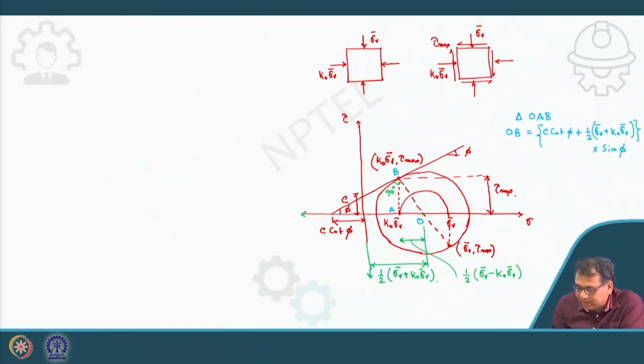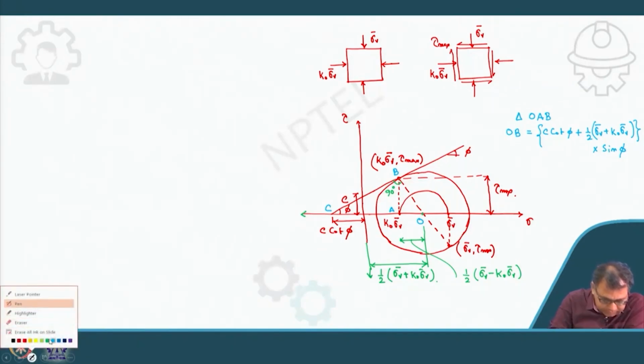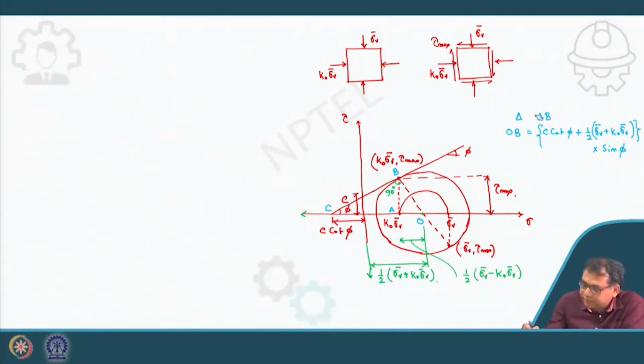So I should write this is another triangle. This is not OAB, this should be the triangle OCB. Triangle OCB. So I am taking two triangles: one is OAB, another is OCB.